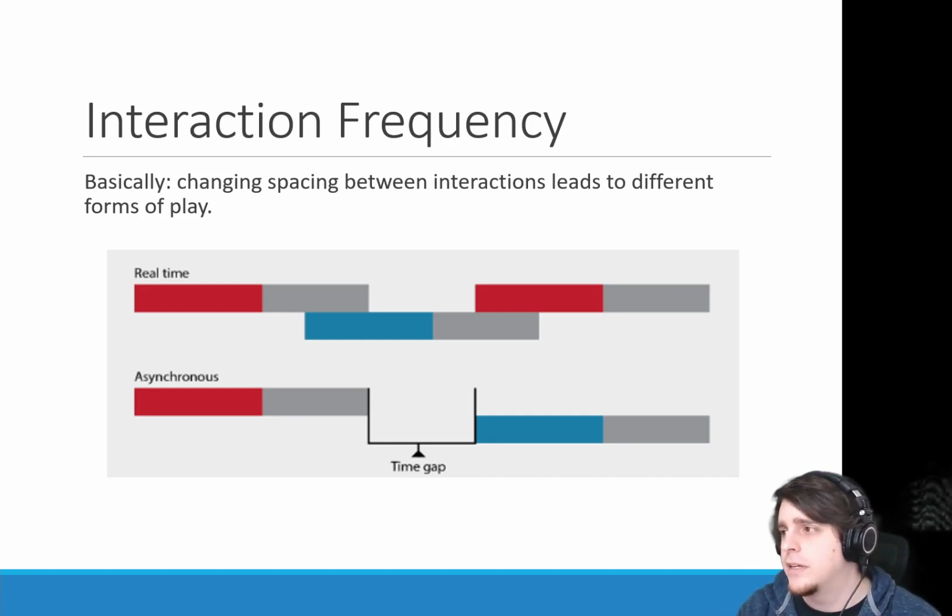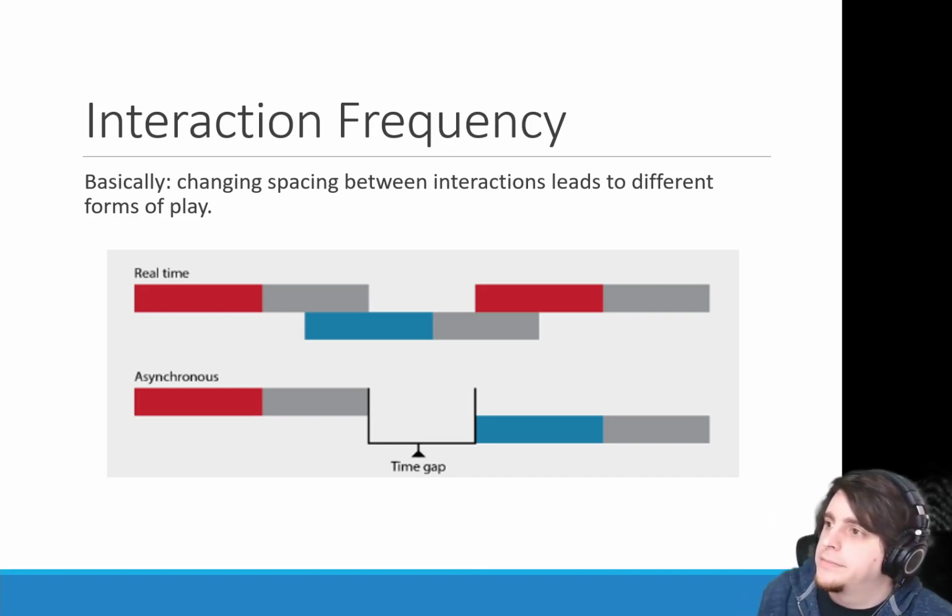This is stuff that I think we get into a little bit more next year, but now I want to make sure that you have a primer to think about how you do this, and realize that the speed at which you're asking players to interact with your game is going to fundamentally change the way that the game feels and the way that the game plays, and also have an effect on what kinds of strategy or pacing your game actually affords.